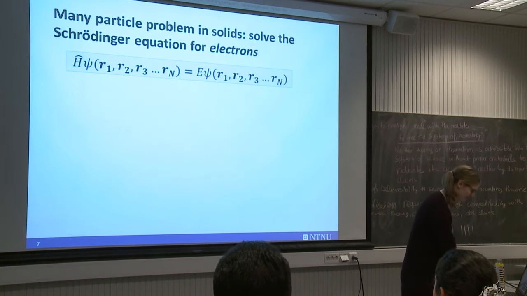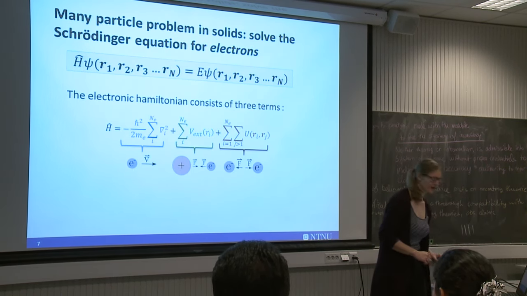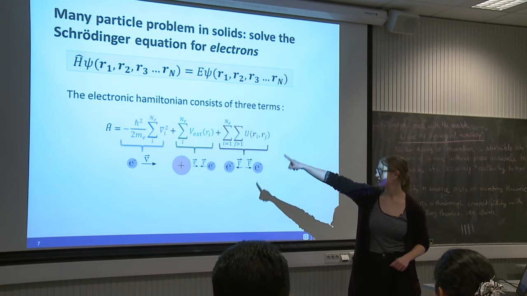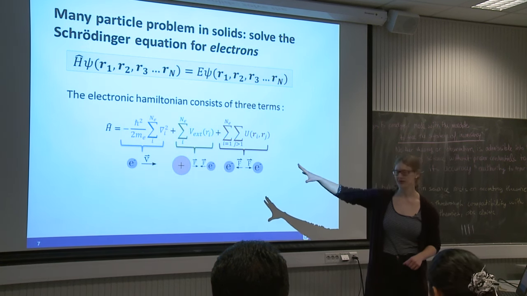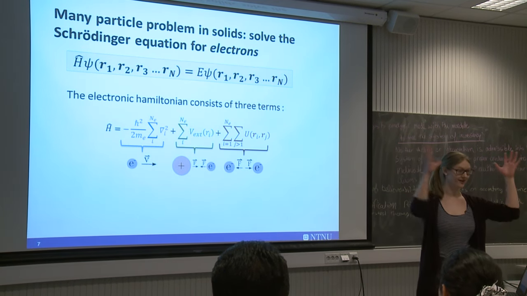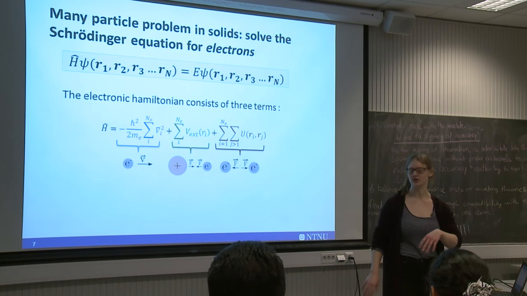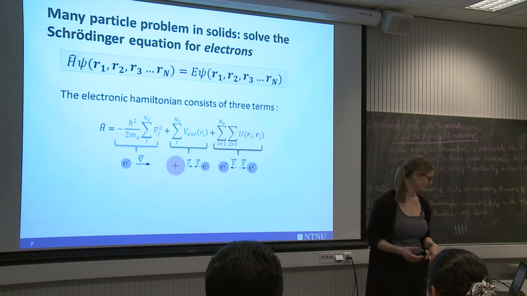And now the Hamiltonian only consists of terms which include electrons. So you have the kinetic energy term, and then you have the potential terms here. So the electrons interacting with the nuclei, which it only sees as an external potential, and then electron repulsions.